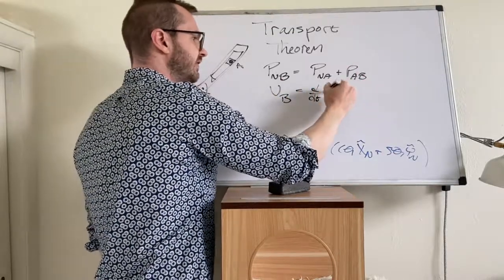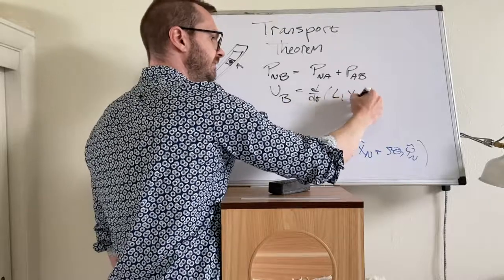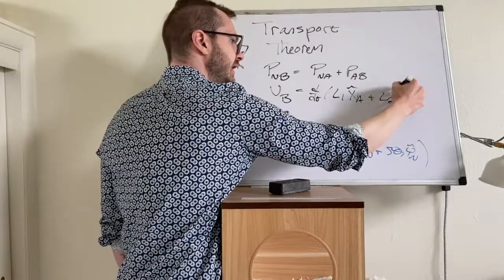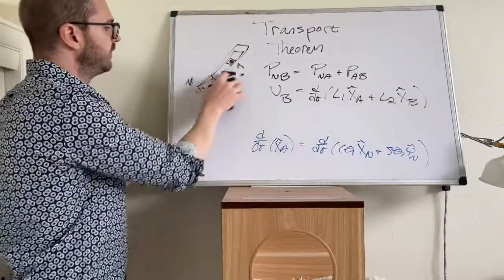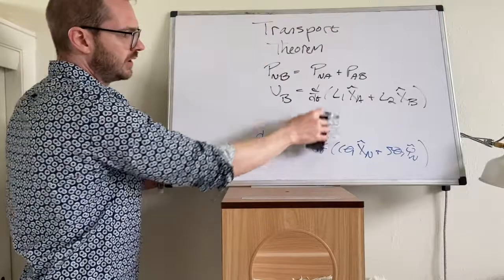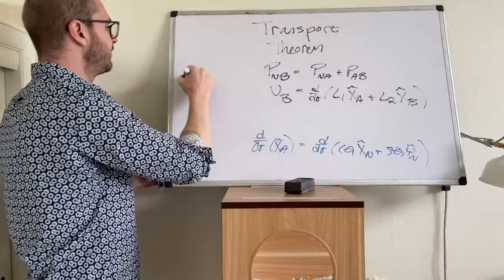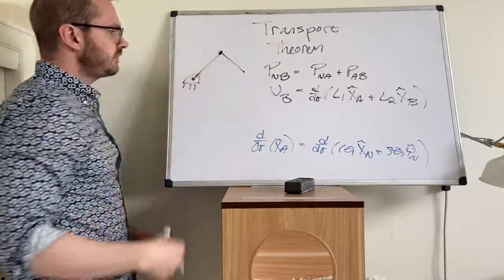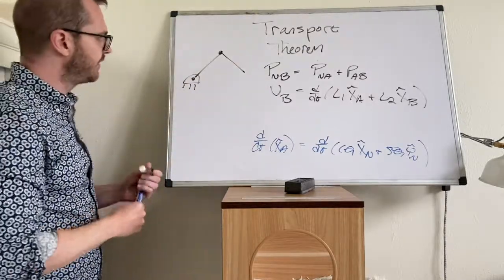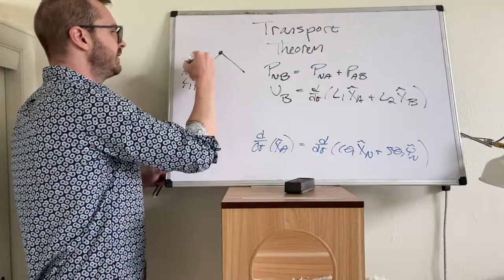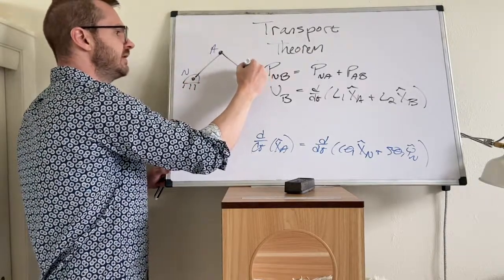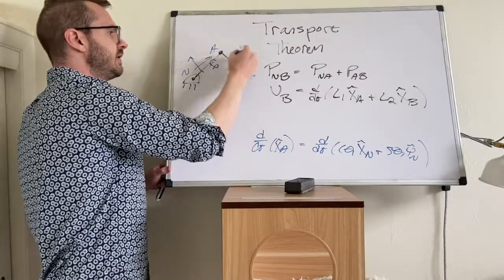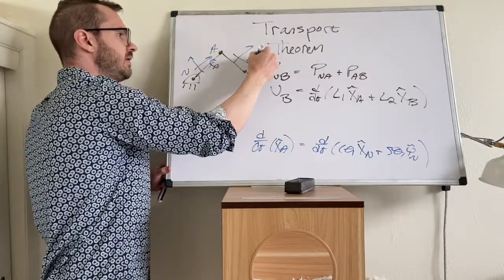And these position vectors, let's say that those are L1 x hat A and L2 x hat B. So in this case, we have no distance changing, but we have two different frames. In a system like this, we have N to A to B, and there is the A frame, and there is the B frame.